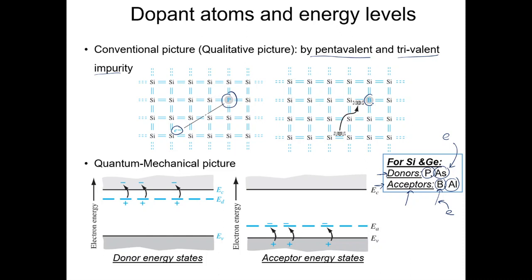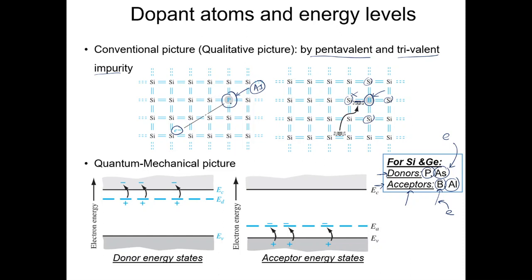And if you dope by boron, in this case, by the way, it can also be arsenic, and if you dope by boron, then because the boron would bond with three adjacent silicon atoms, right? In this case, this one and not this one. So basically one of the covalent bonds is vacant, and that can be seen as a vacant bond or vacant state, and therefore you can say that the boron is going to basically introduce a hole in the system.